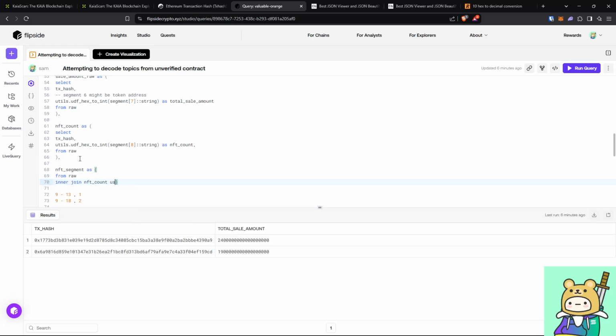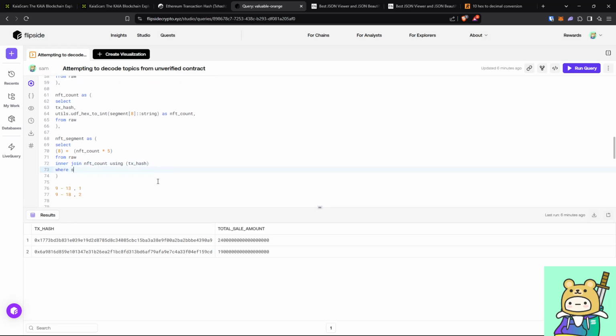Let's join NFT count using, and then I will say where segment. No, wait. I need a segment, but I need to row number it. How do I do that? I've done this before, but I don't remember.